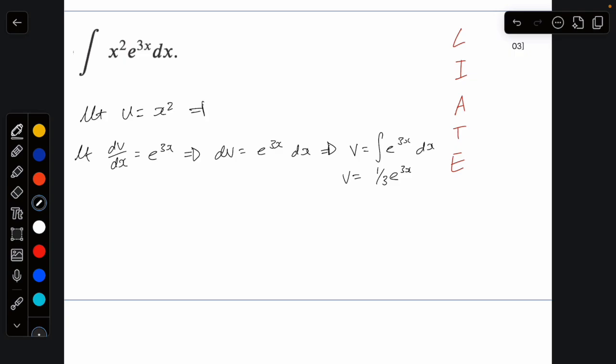Over here we can say that du is going to equal 2x dx.